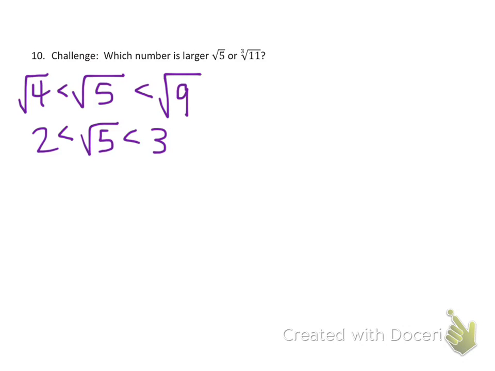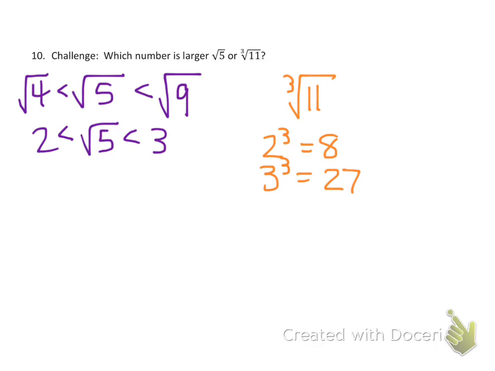And let's think about the cube root of 11. Let's get a different color for that. Let's talk about the cube root of 11. Okay, so what number could I multiply? If I do 2 times 2 times 2, 2 cubed is equal to 8, and 3 cubed is equal to 27.